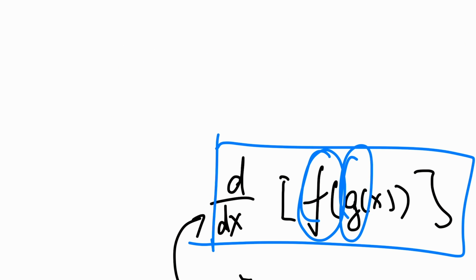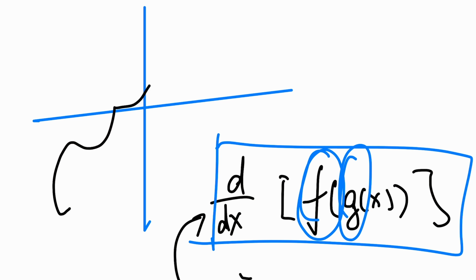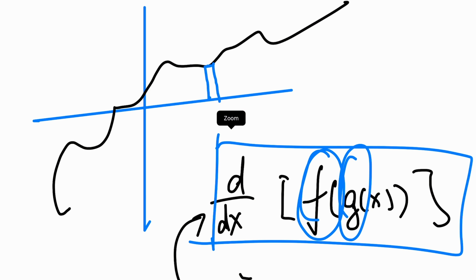So if we have a continuous graph, even some weird, strange graph, then if the x value approaches 0, the y value would also approach 0, no matter how drastically the graph changes.